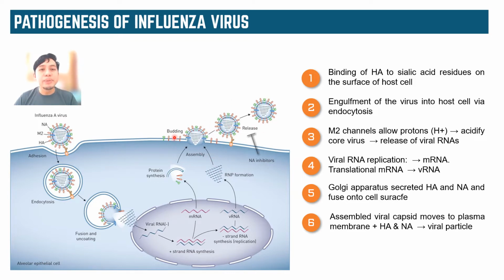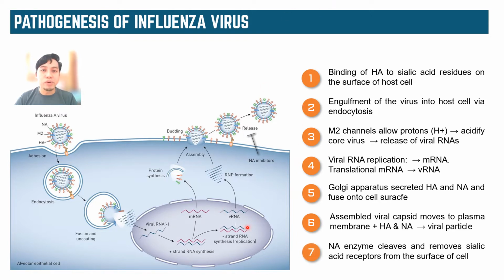In the last step of replication, the viral neuraminidase enzyme, or NA, cleaves and removes the salicylic acid receptors from the surface of the cell, thereby allowing release and spread of the new virus to new cells.